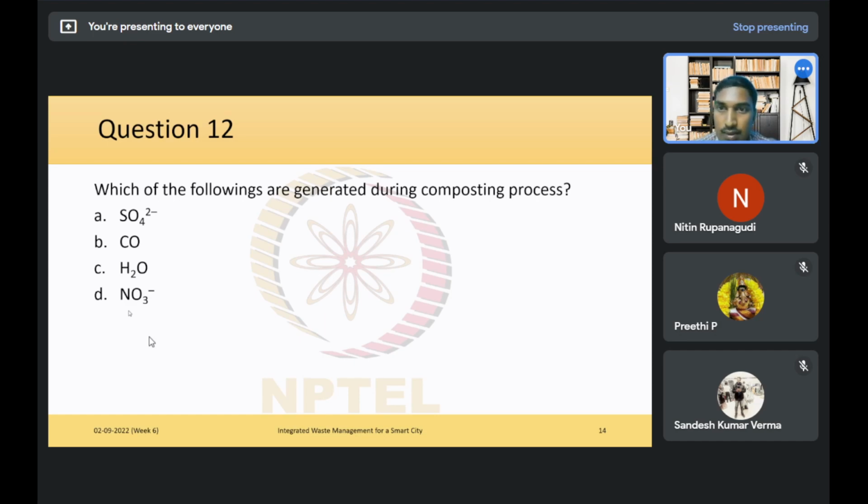Okay. For this one, you can again use the chat to answer it. So, which of these will be generated during the composting process? Any answer?